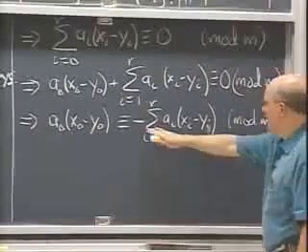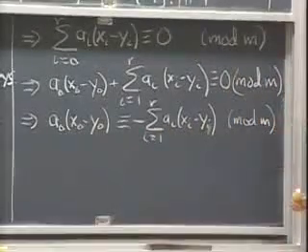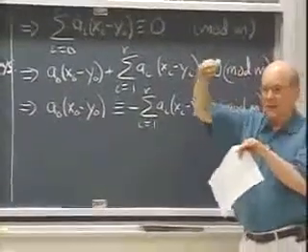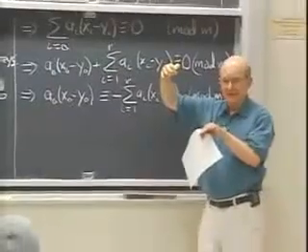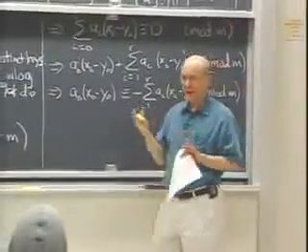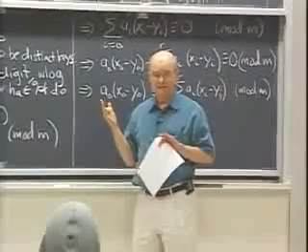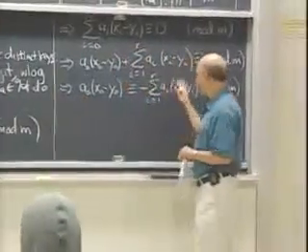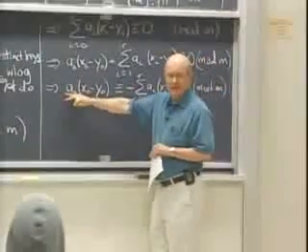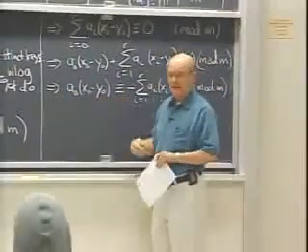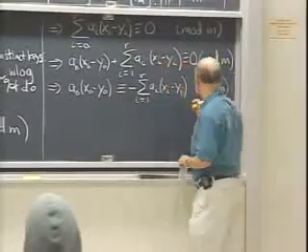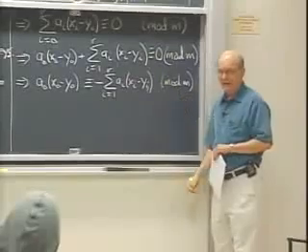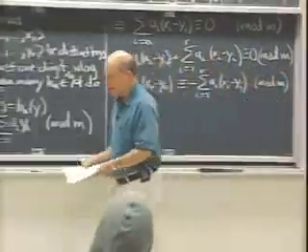Now remember that when I have a negative number mod m, I just map it into the range from 0 to m minus 1. For example, minus 5 mod 7 is 2. If any of these things are negative, we simply translate them by adding multiples of m, because adding multiples of m doesn't affect the congruence.